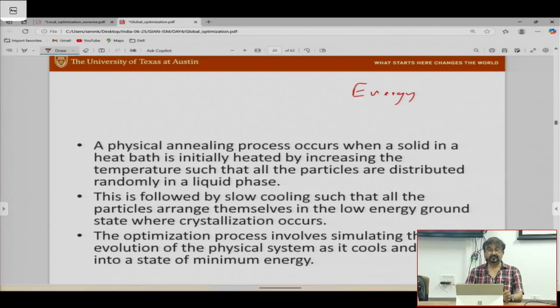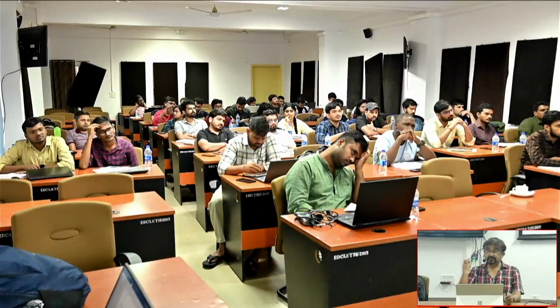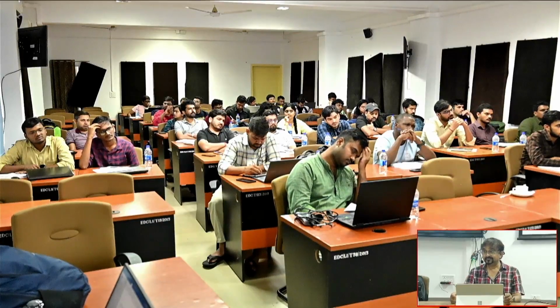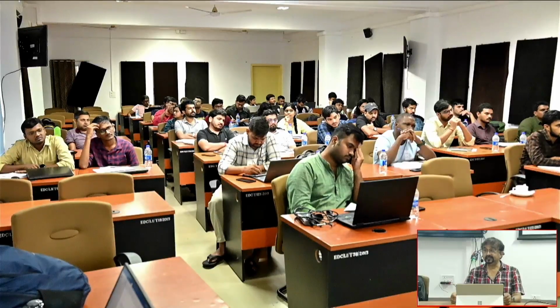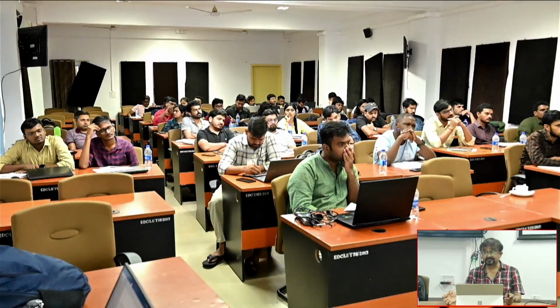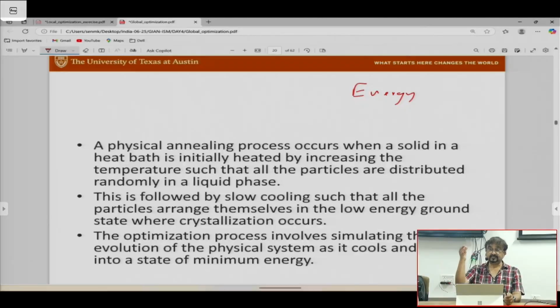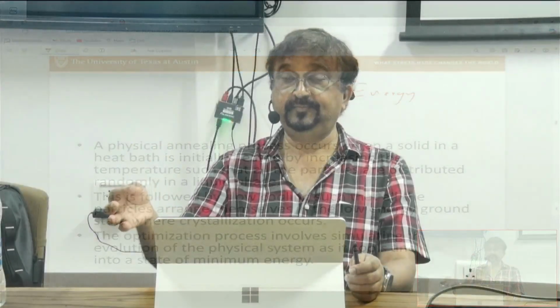But if you cool it very, very fast, it will basically form glass. So forming the crystal by slow cooling basically means it will find the global minimum energy state.